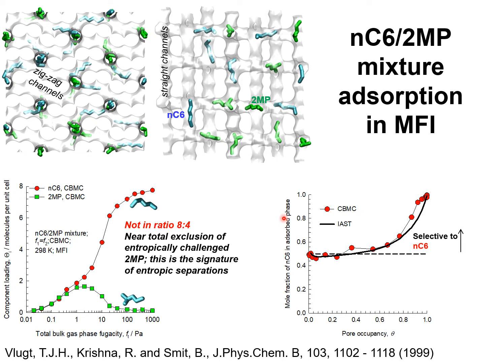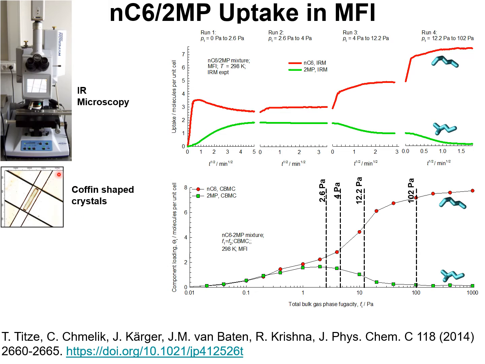Let us seek experimental verification of the data that was first published in 1999 using molecular simulations. Let's look at first uptake experiment. Here I show experimental data on the transient uptake of mixtures of normal hexane and 2-methylpentane in MFI zeolite.